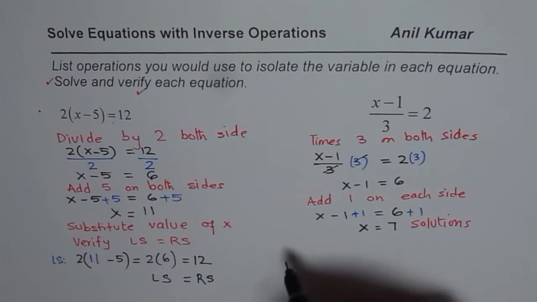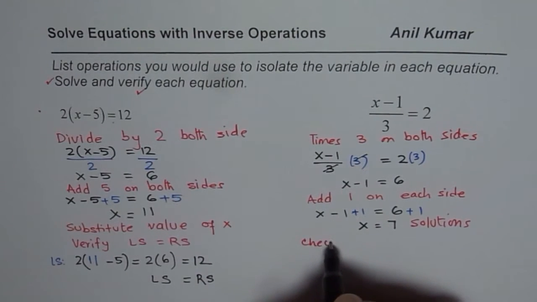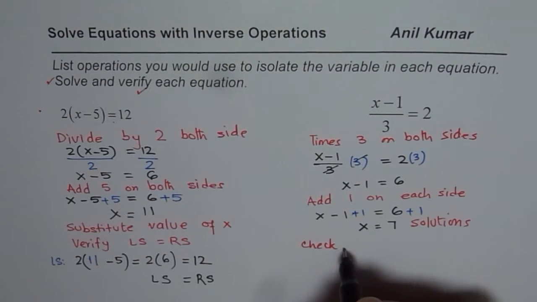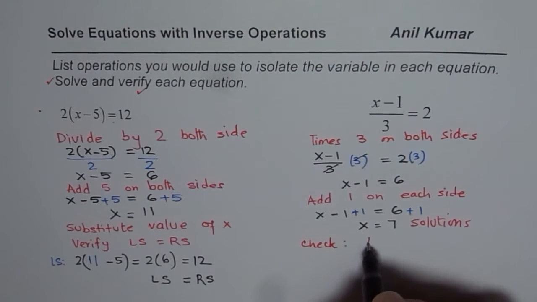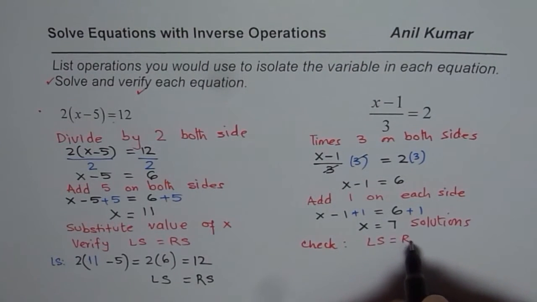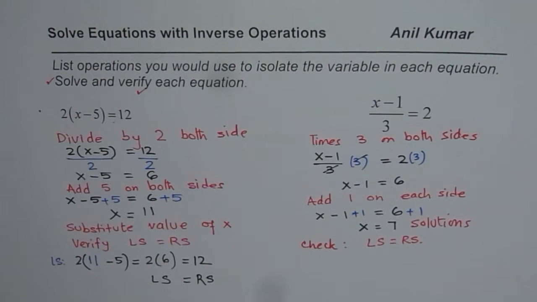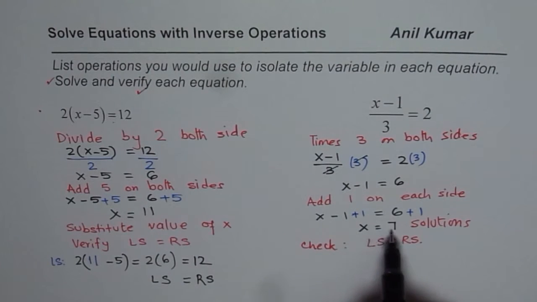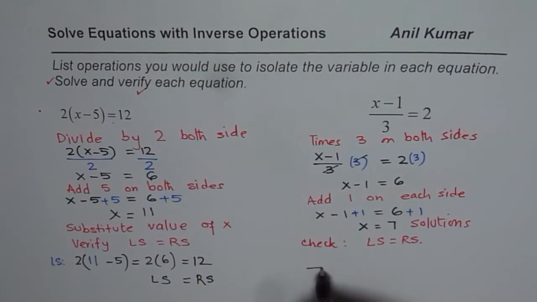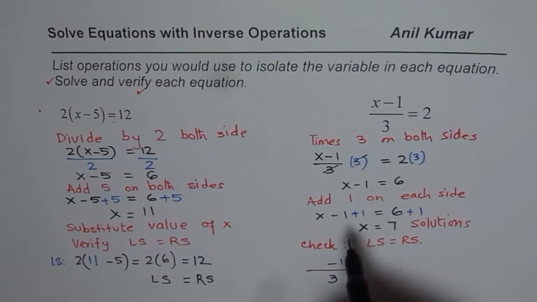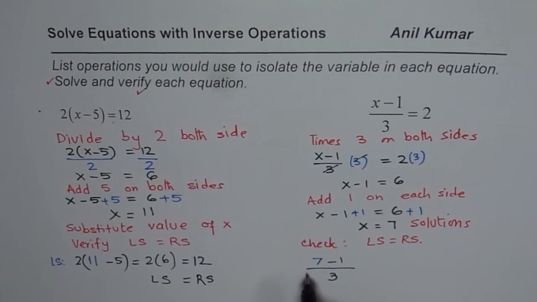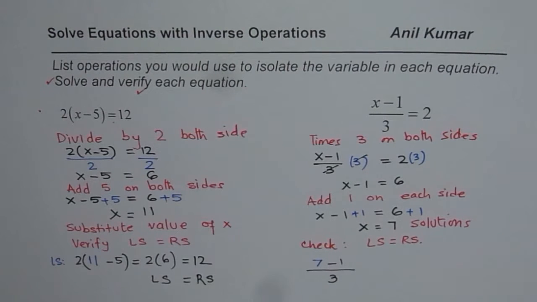Now we will verify or check the solution, right? Sometimes we say check your solution. To check means to show that the left side equals the right side. For that, we are going to substitute x equals 7 in our equation. The equation is x minus 1 divided by 3, and x is 7 for us. We write 7 minus 1 divided by 3, correct?